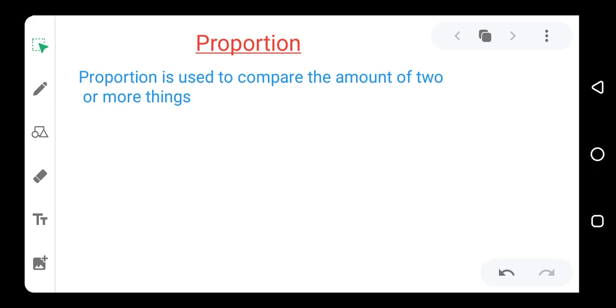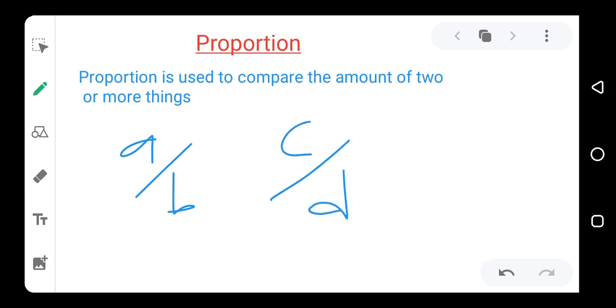Now let's look at some examples. We can be given A over B. We can be given this ratio and asked to compare it with another ratio, C over D. Now, I told you that a ratio can be indicated as A with this ratio sign, and you can also indicate it this way as a fraction.